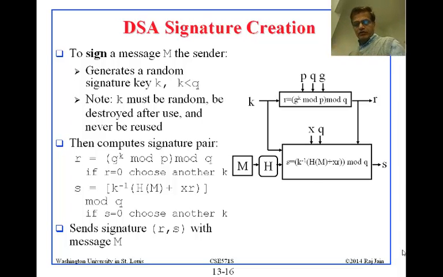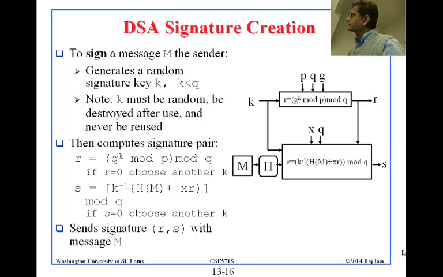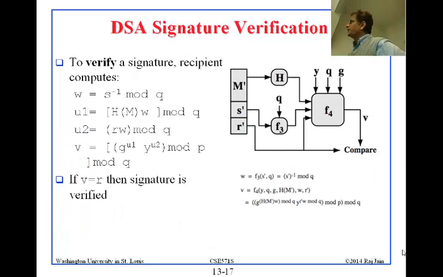All right, how do you verify it? To verify, you compute V and compare with r. r is already sent to you. r and s were sent to you. So how do you compute V?